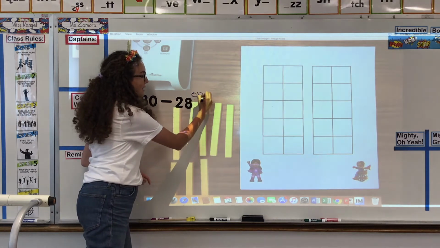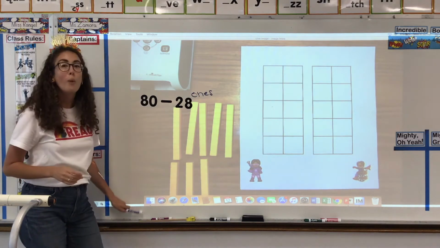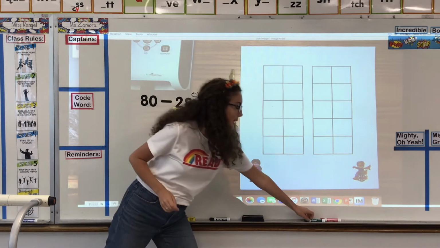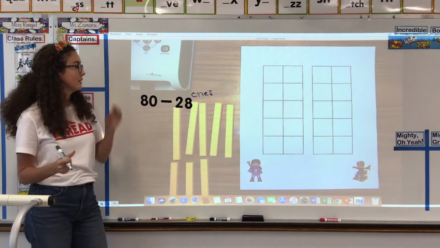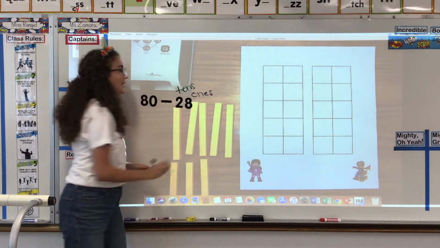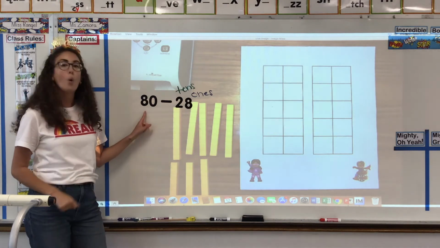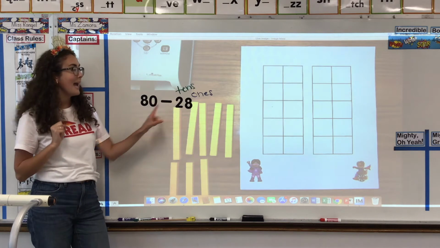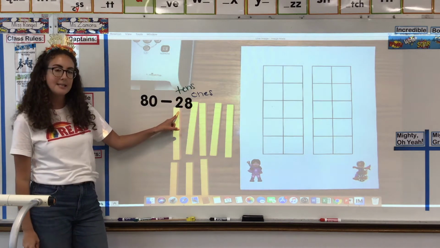The 8. The 8 is in the 1s place. Good job. What number is in the 10s place? The 2 is in the 10s place. Exactly. So from 80, we're going to be taking away 8 1s and 2 10s.